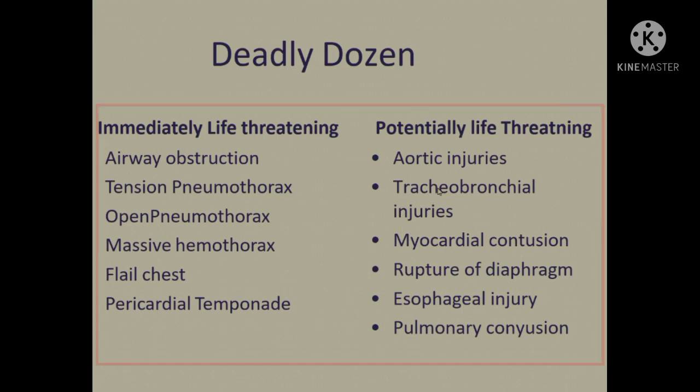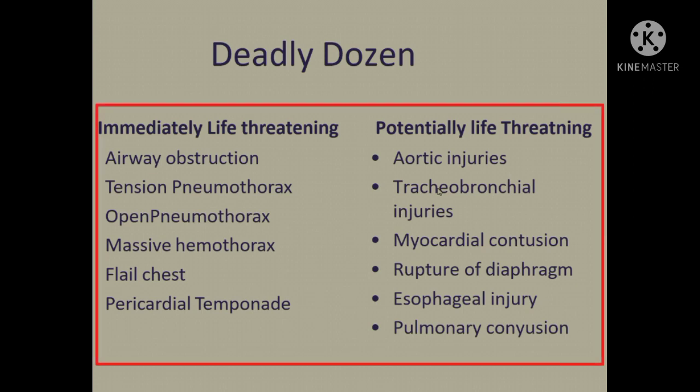Talking about the deadly dozen, the 12 conditions which one should never forget. Six of them are immediately life threatening and need immediate measures. Two of them are pneumothorax, that is tension pneumothorax and open pneumothorax. We can have a massive hemothorax, and airway obstruction, which need immediate measures, as well as pericardial tamponade and flail chest.